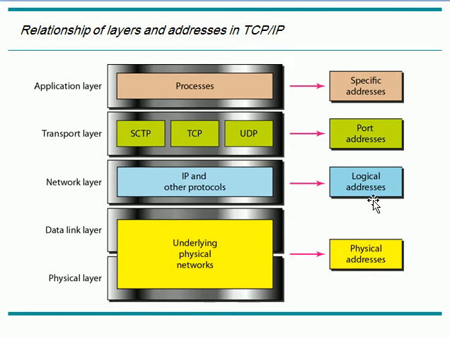While the logical address is in the network layer. This is the IP address which we do in every lecture. We explain it in every practical lecture. This is what we are going to engineer, the IP address, according to the network which we have. The other one we call the port address.